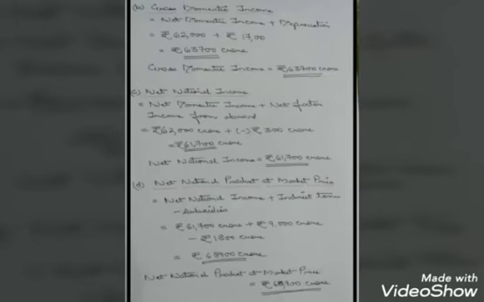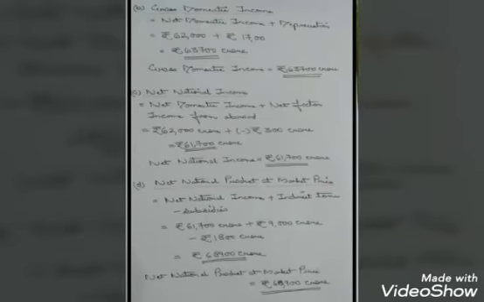Now it becomes easier to find out net national income, because you know very well that to find the net national income, you take the net domestic income, which you have already found out. The only thing you have to do is add net factor income from abroad, right?